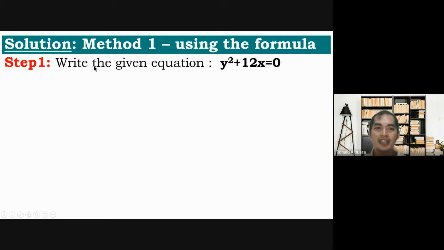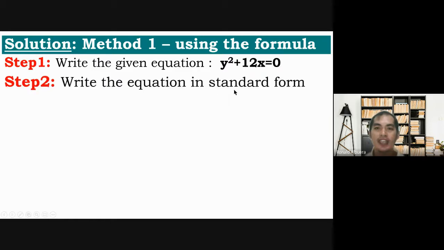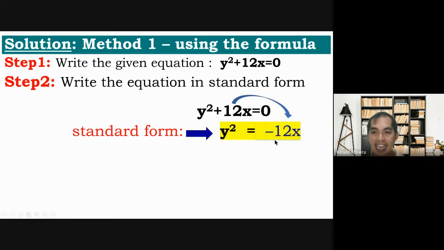That is why your first step is to write the given equation. This is the general form from earlier: y squared plus 12x equals 0. And we are going to change this to standard form. When moving this to standard form, we move 12x to the right, and it becomes negative.